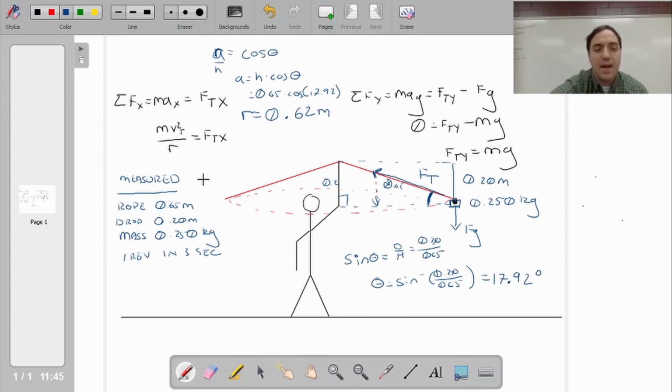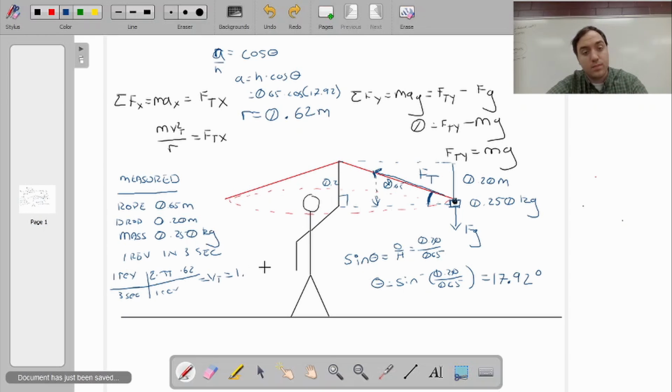Now that I have that, I can solve for my velocity. One revolution in 3 seconds. I need to get that in meters per second, so one revolution is 2 times pi times r meters, or in this case 0.62 meters. So my tangential velocity is 1.30 meters per second.